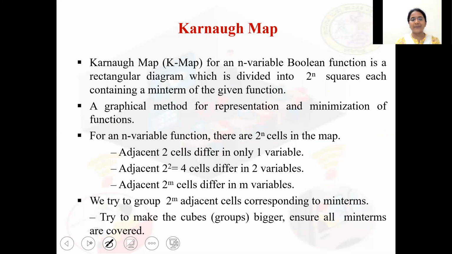What is Karnaugh map? Karnaugh map for an n-variable function is a rectangular diagram which is divided into 2 power n squares, each containing a minterm of the given function. The truth table that we have is written in the form of a rectangular diagram which is divided into 2 power n squares, where each minterm represents a square in the K-map.